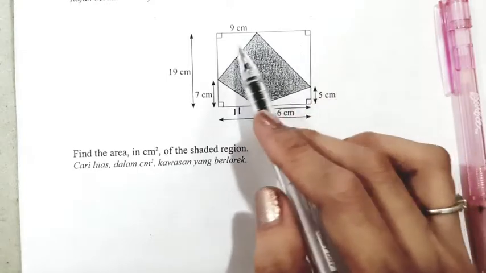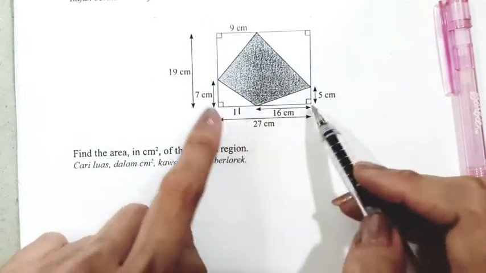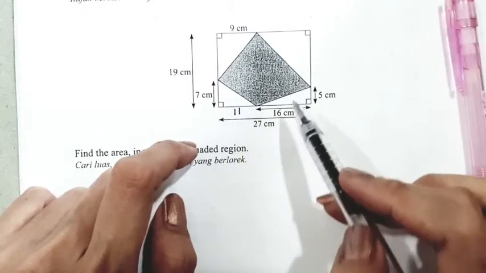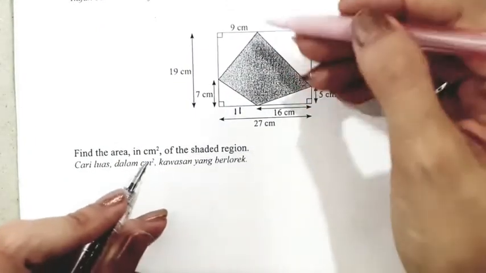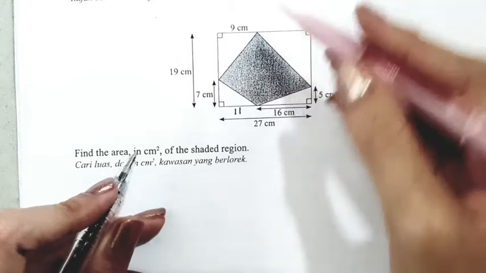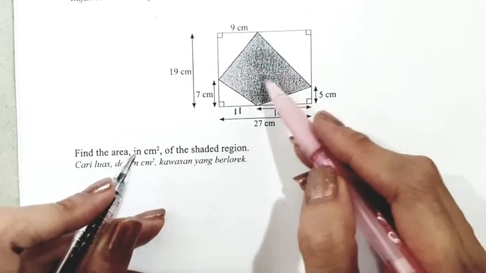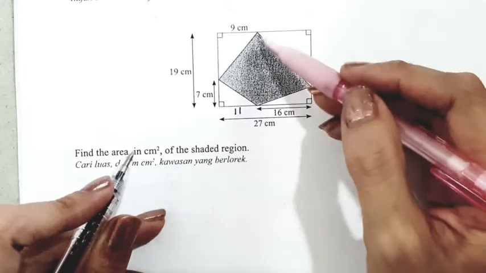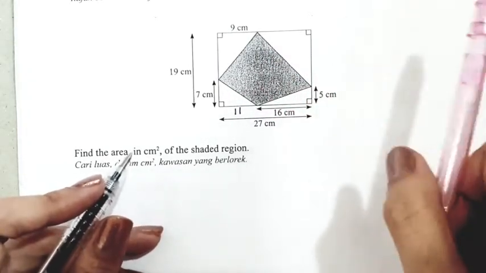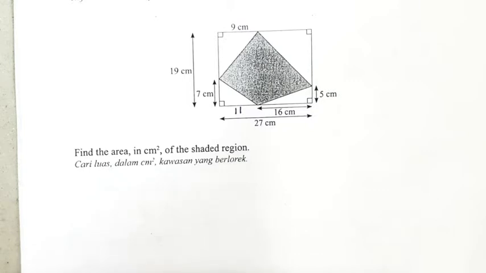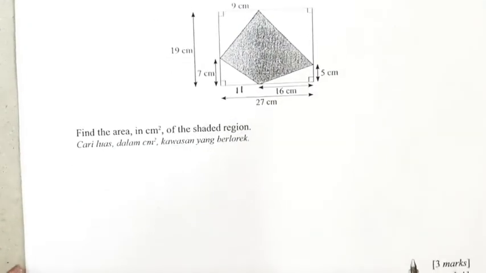We have to take the area of the rectangle and minus these 4 triangles over here. Now I was thinking to do this one, drawing like that, and then find the area of this triangle, but it seems that cannot, because they do not actually bisect at 90 degrees, so I can't do that. So I think we have to use the only way.